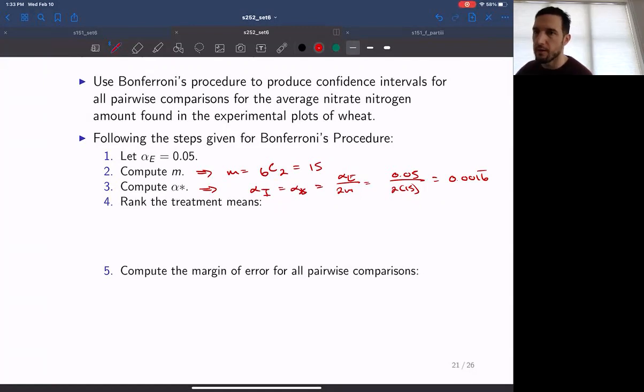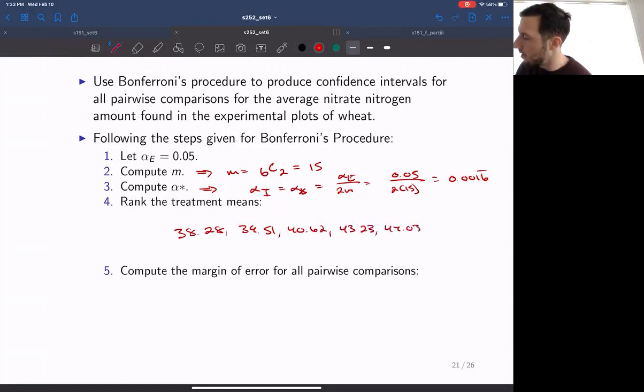Then we're asked to rank the treatment means. We can do this, but it doesn't really matter, it just makes organization and finding the differences a little bit better. So just for completion's sake, we can sort them. All right, and now we have to compute the margin of error.